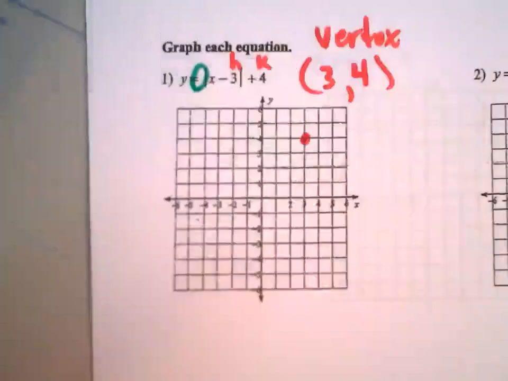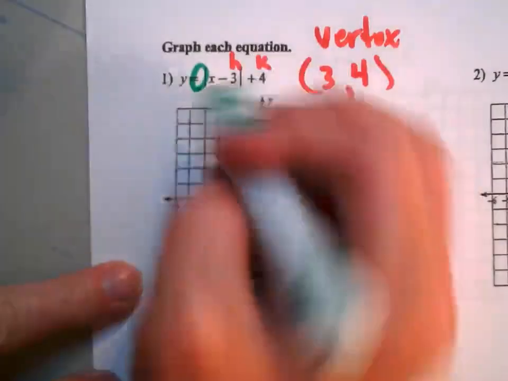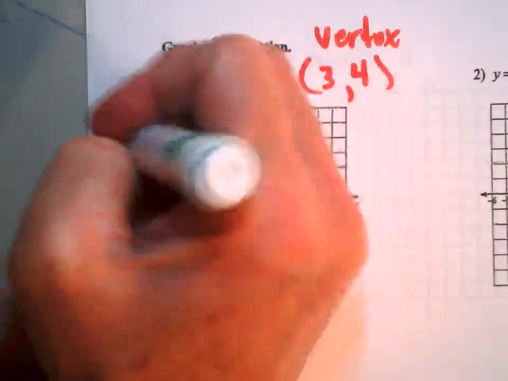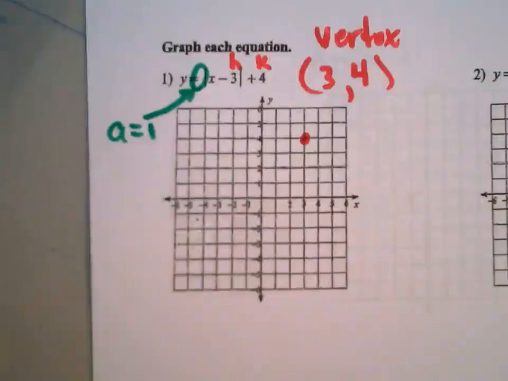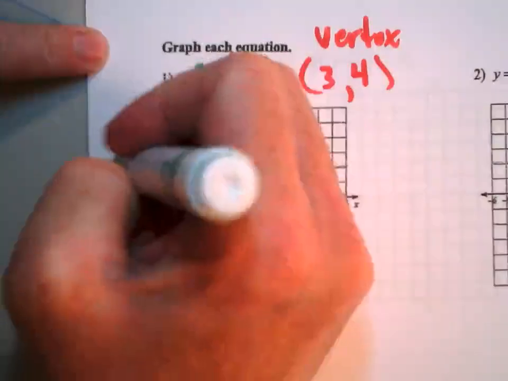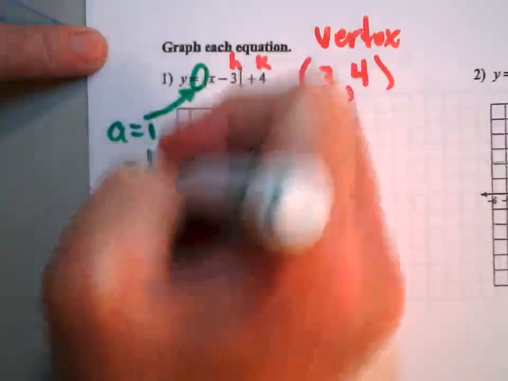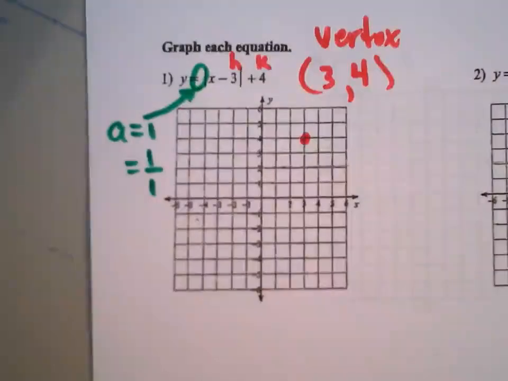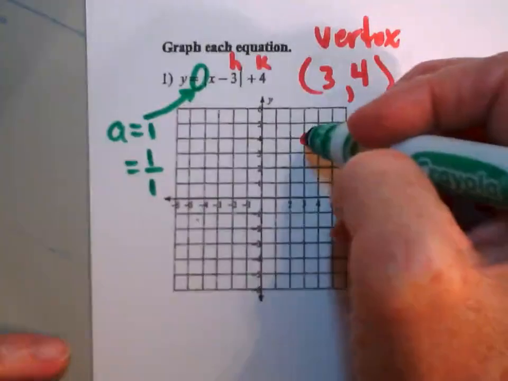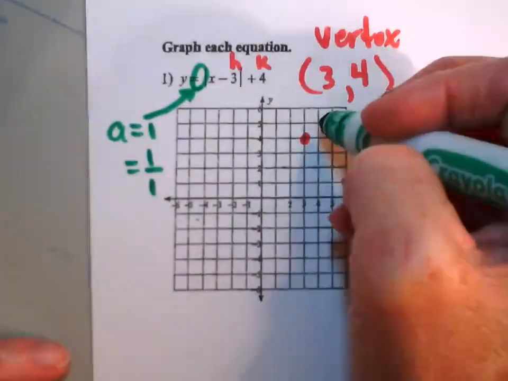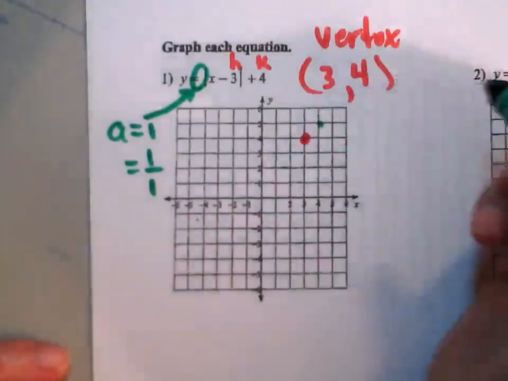Next, we'll look for a. A is going to be right here. Let's see what kind of room I have. Here, a will be 1. If there's nothing else there, it's going to be a +1. So what that does is it gives us a rise over run of 1 over 1. So we'll go from our vertex. We're going to go up 1, right 1. That's going to be our second point.